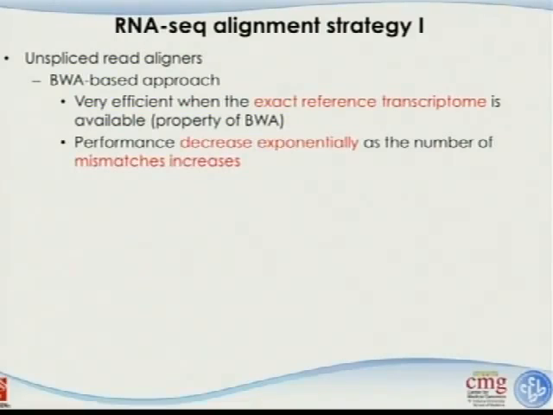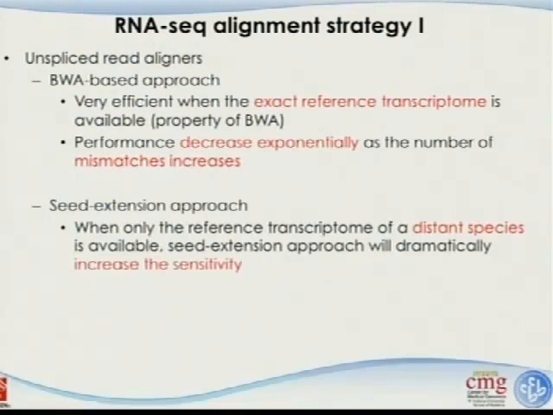If you have more than that, they have a hard time, and performance decreases exponentially as the number of mismatches increases. But for the seed extension approaches, when only the reference transcriptome of a distal species is available, the seed extension approach will dramatically increase the sensitivity.